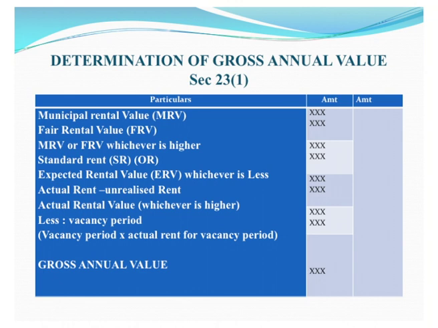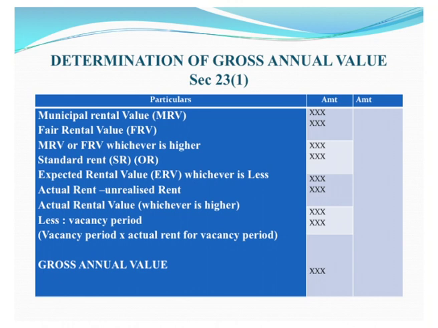The following slide depicts the format of how to calculate the gross annual value, which is the basis of chargeability under the head income from house property. Let's quickly go through the format and then I would like to explain each and every factor which has been considered in determination of the gross annual value under section 23 subsection 1.